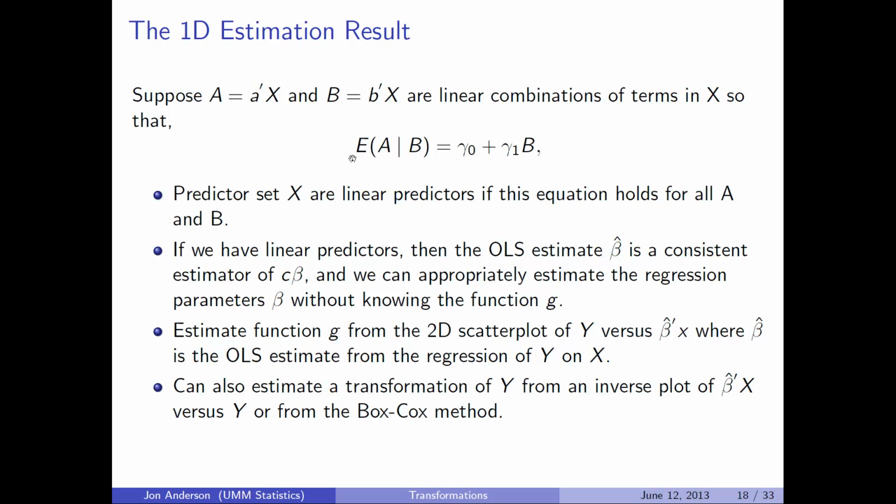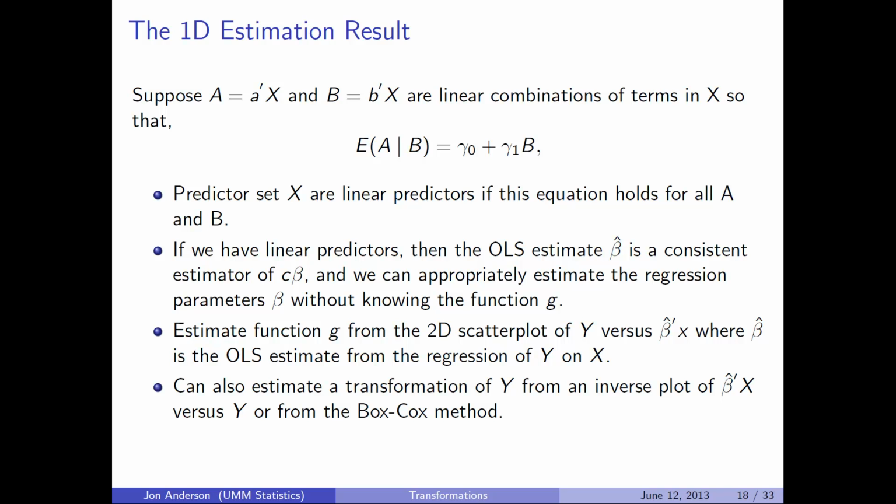Suppose that on average the value of capital A given information about B is a linear function, an intercept plus a slope times B. If we can relate A to B in such a fashion, if the predictor set X are linear predictors, then this kind of linear relationship holds no matter what quantities A and B are.